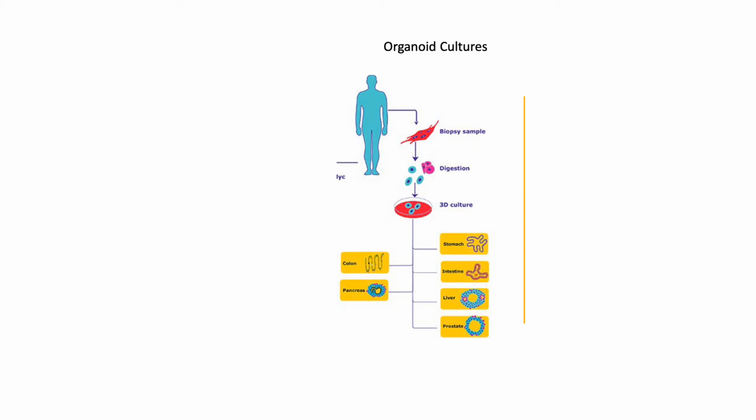They call it a semi-solid medium, where the cells are not sitting on the dish, but they're suspended in this culture with the proper media. And what happens in some cases is that they start to aggregate together as they divide and then grow into something that starts to look maybe like the tissue.